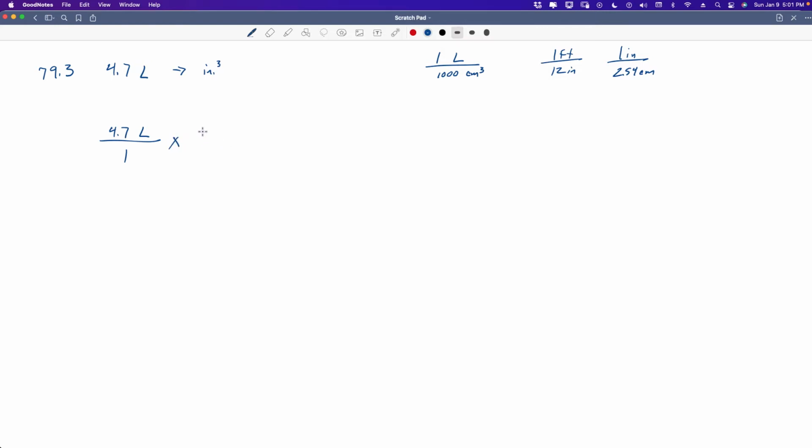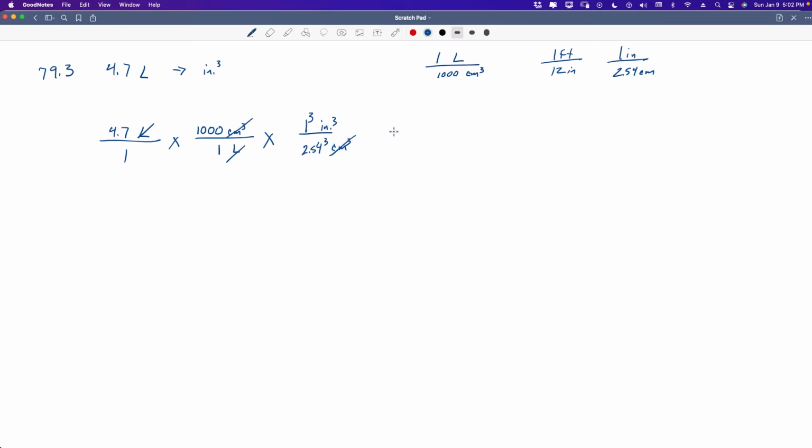So the first thing we're going to do is convert this to 1,000 cubic centimeters over 1 liter. All right, so this cancels out this. Now we're going to do centimeters to inches. So this is 1 inches cubed over 2.54 centimeters cubed. Centimeters cubed cancel centimeters cubed.